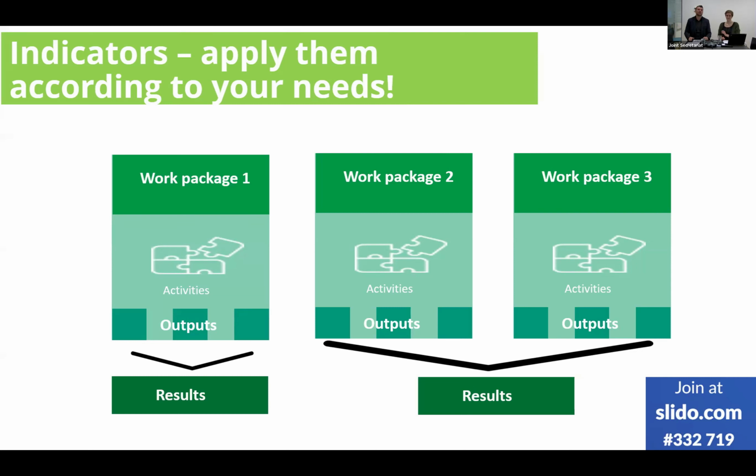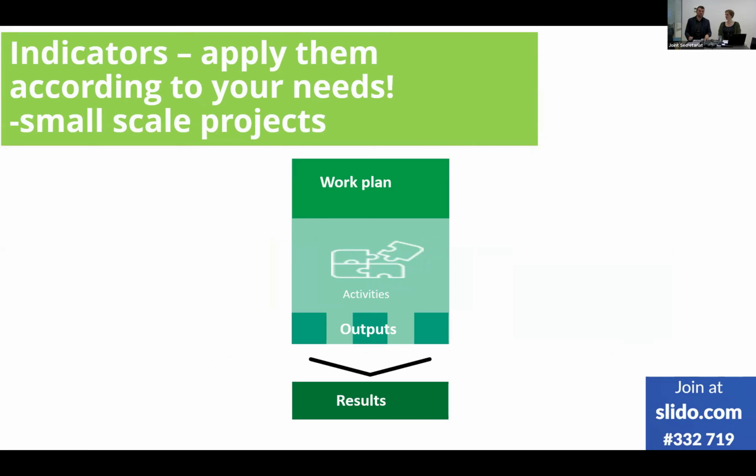And as I said, for small-scale projects, there is only one work plan, meaning in one work plan you can list all of your activities and choose all of your outputs measured by the output indicators, followed by result indicators. It is not limiting you to only one output indicator or one output.